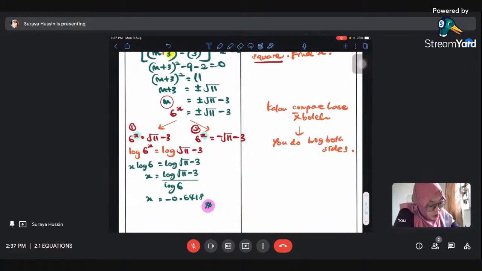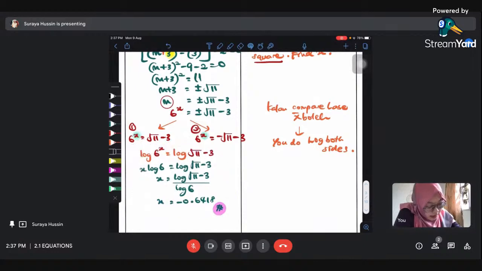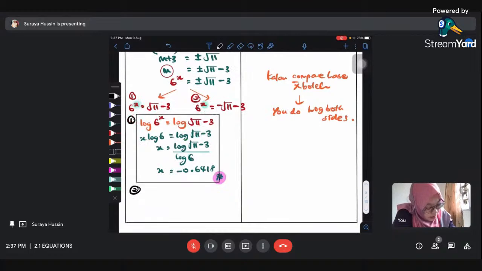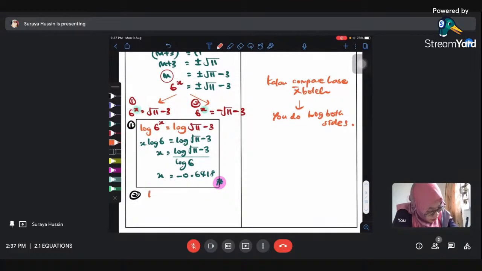Okay, do you know that what I'm doing right here is, this is like equation 1. Ini barulah equation yang pertama. This is equation 1. Now I still have to continue solve the equation 2, which is make it log both side.